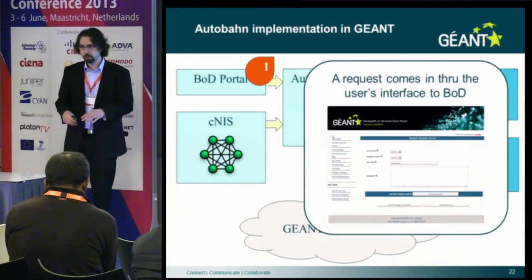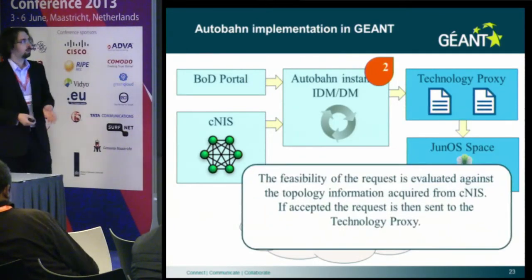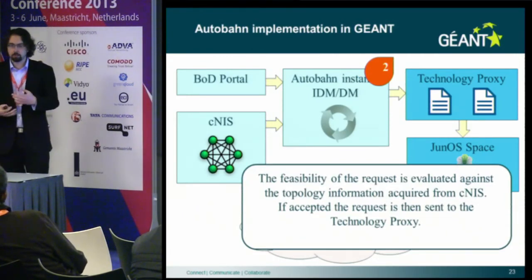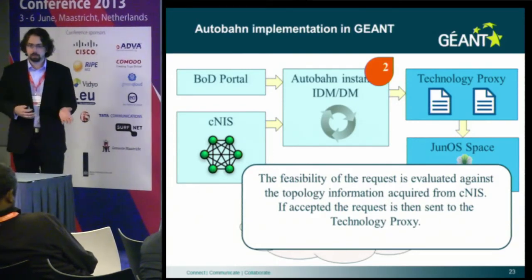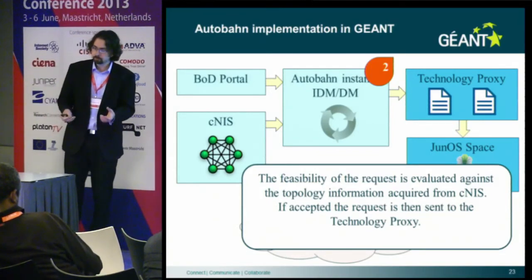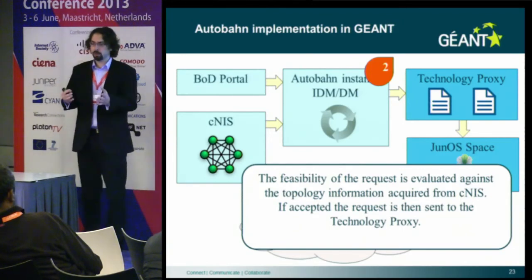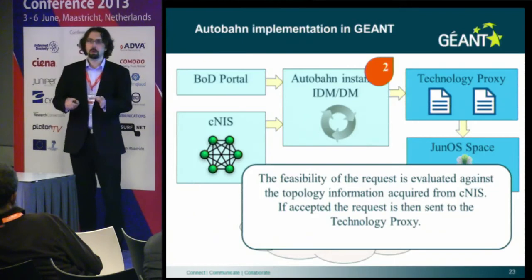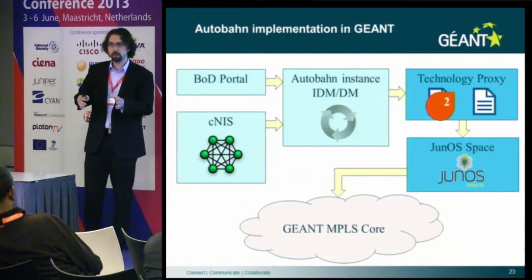But under the bonnet, this request is then passed to the Autobahn instance. So that's actually processing the demand, looking at it, making sure that the endpoints are valid, making sure that it's working against CNIS, and validating that it's a valid request. When the request is validated and considered a good one, it is then pushed to what we call the technology proxy, and that's where we get to the point where it's domain dependent.